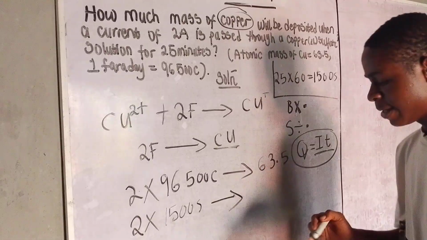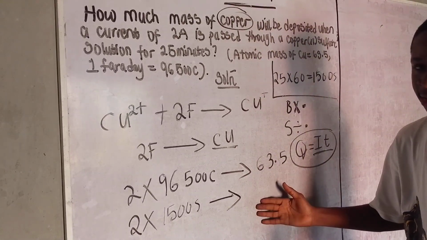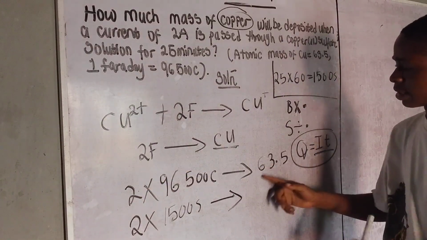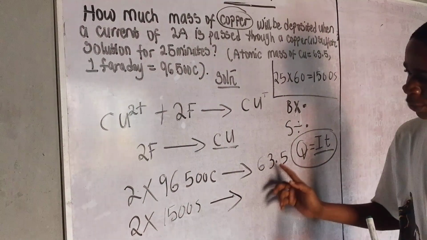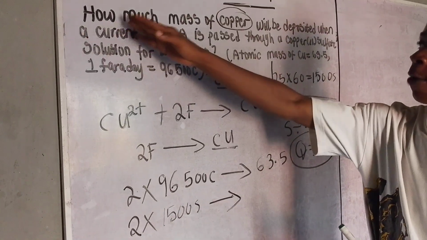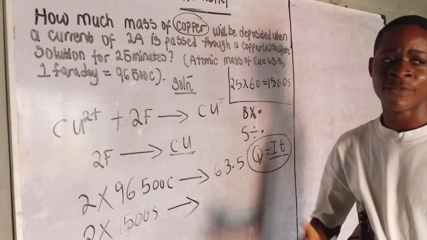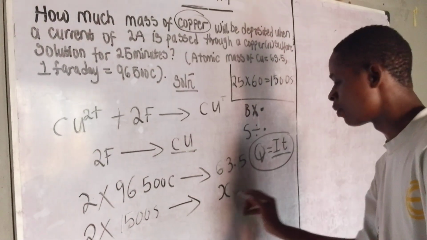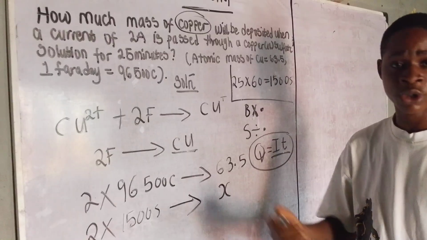So what will be the mass that will be generated from here? If 2 Faraday gives us 63.5 grams, what will be the mass? That's what the question is asking. How much mass? So we are going to leave it here with whatever letter we like. I would prefer we go with x. So we are actually going to cross multiply.